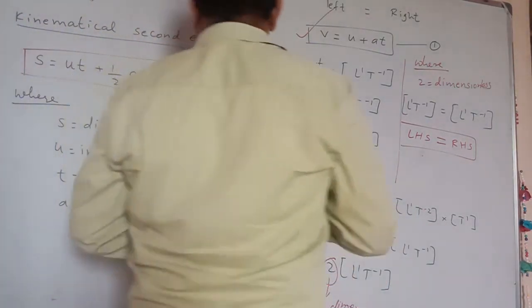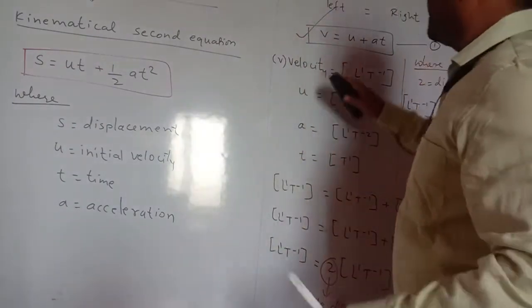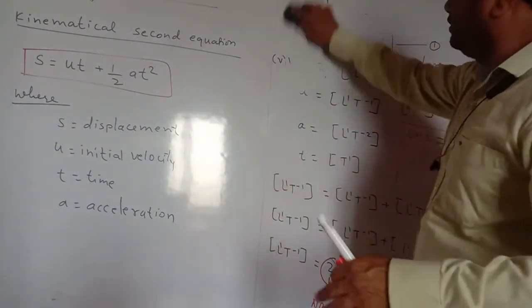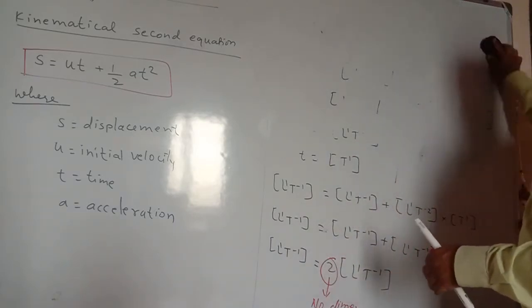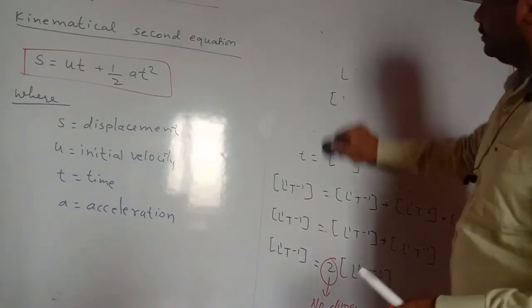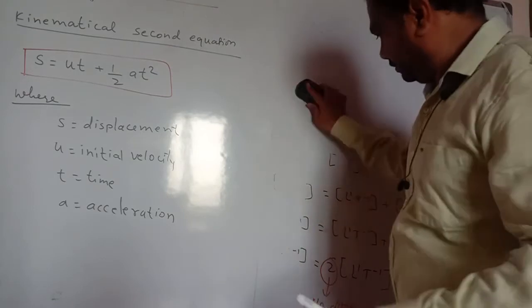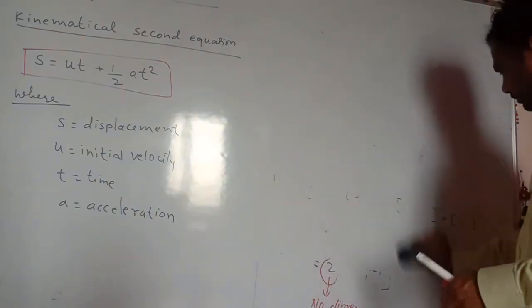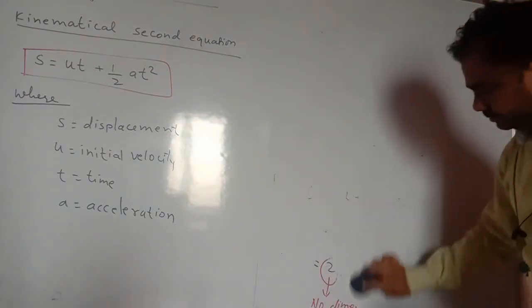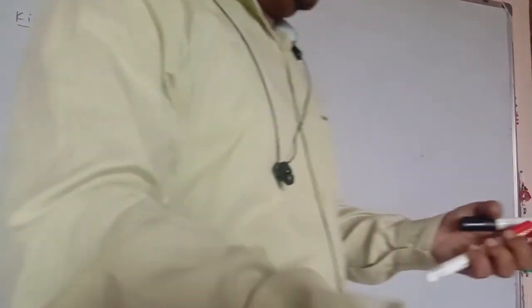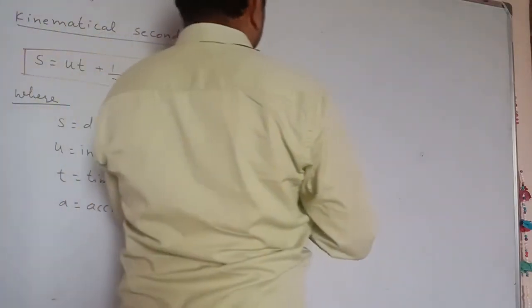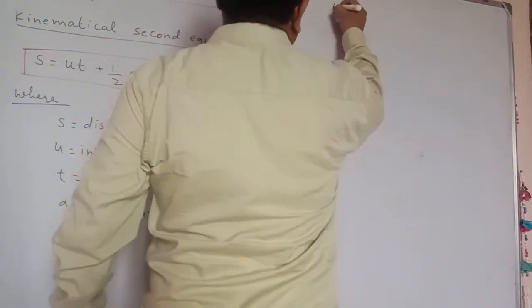So now we start to prove the second kinematical equation. Left hand side must be equal to right hand side.